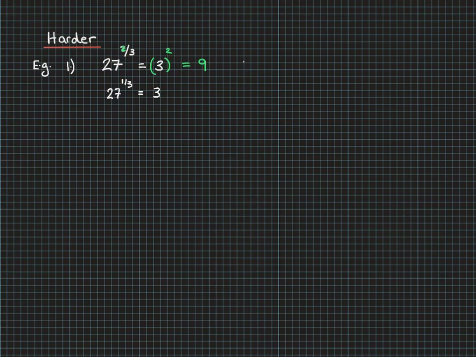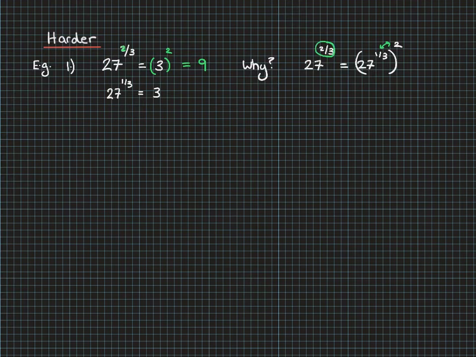Now, why does that actually work? Well, you may remember one of your laws of indices, which says if you have a power of a power, you can multiply them together. So I can split up 27 to the 2/3 as 27 to the 1/3, then raised to the power of 2, because 2 times 1/3 gives me 2/3.